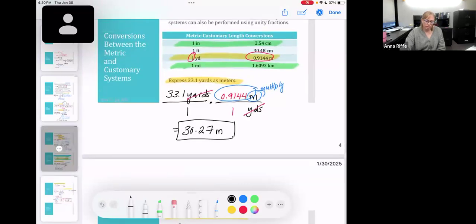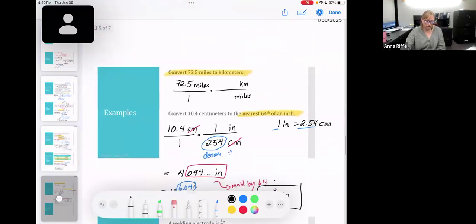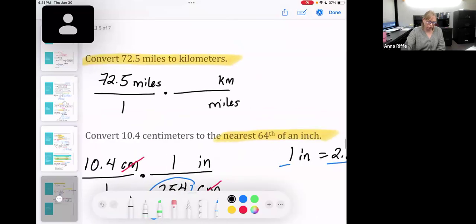It looks like 1 is the number next to miles, 1.6093 is the number next to kilometers. So I'm going to input those, and then 1 goes next to miles. So those miles will cancel since I have miles on top and miles on bottom, meaning that kilometers is the unit that we end up with.